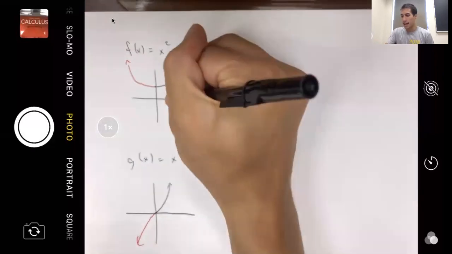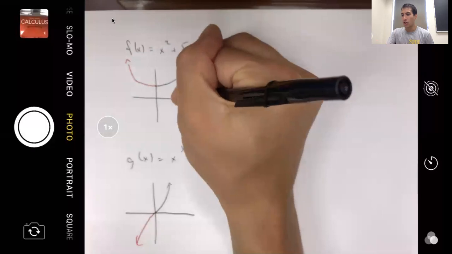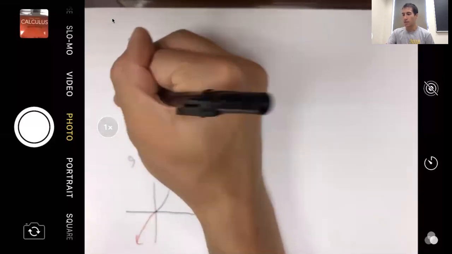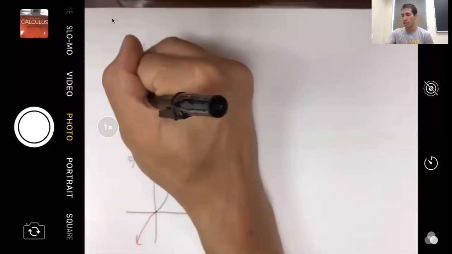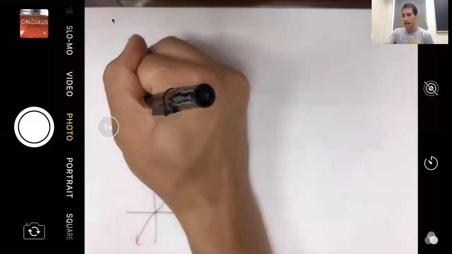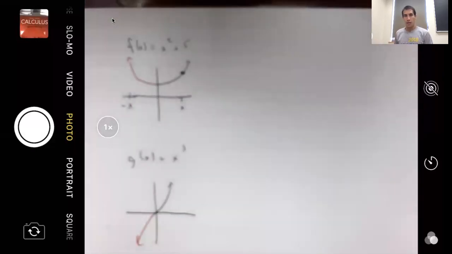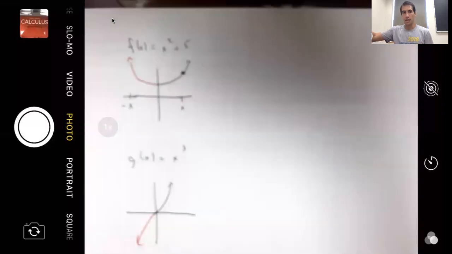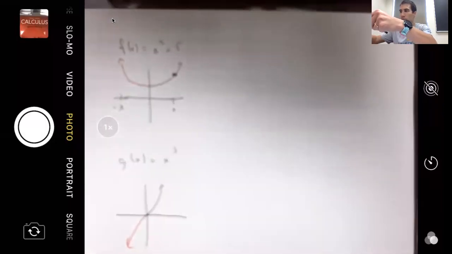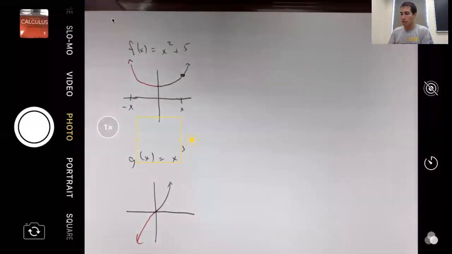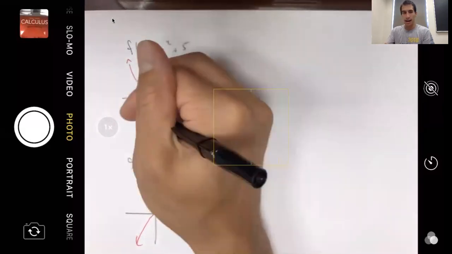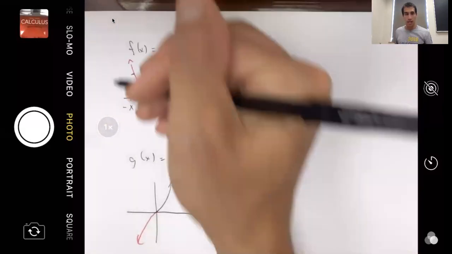It means if I take an x value here, I look at the same distance from the origin on the other side, so if this is x, this is going to be negative x. Flipped across the y-axis means that at negative x, the y value is going to be the same.